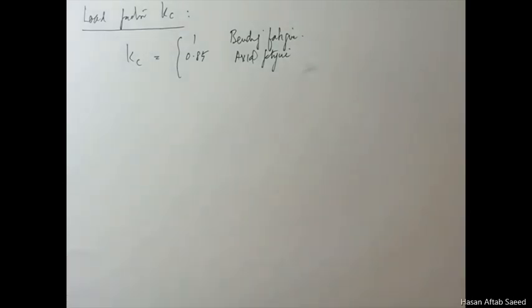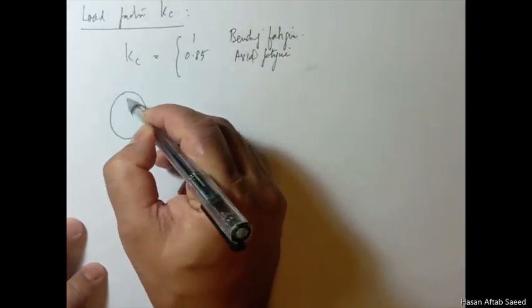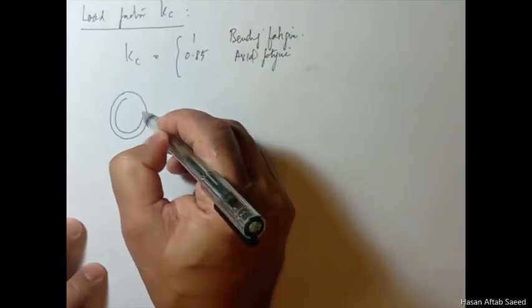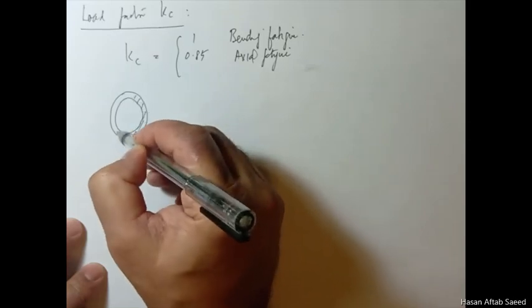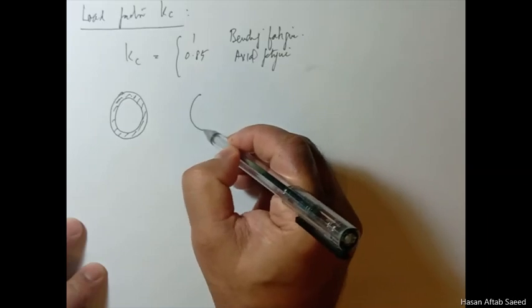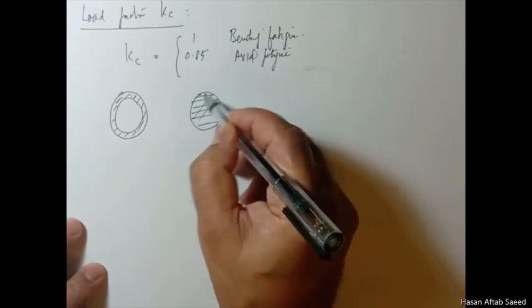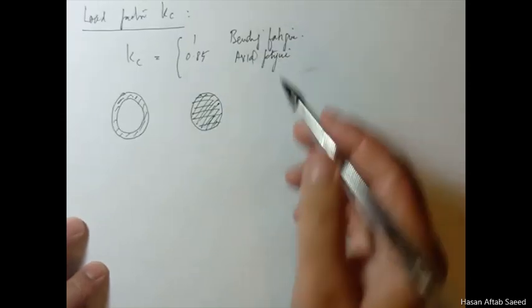In other words, the endurance limit reduces because of axial fatigue as compared to bending. And why is it so? Let's see. In bending, again, the maximum amount of stress is taken by this area of the cross section. What about the axial? In axial, all this cross section takes equal amount of load, and that's the maximum load.